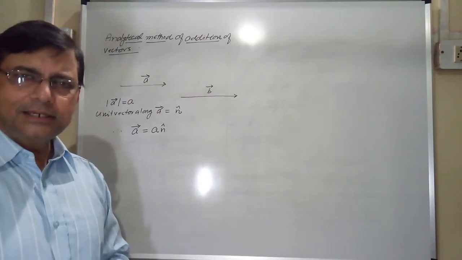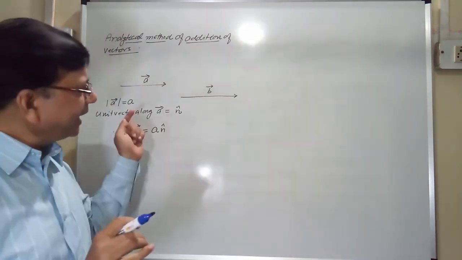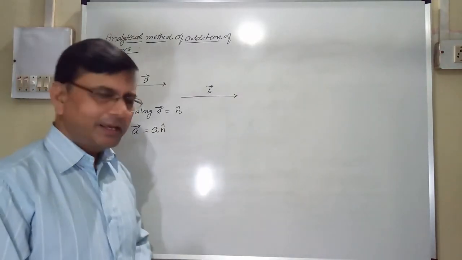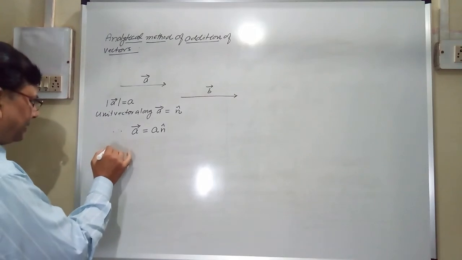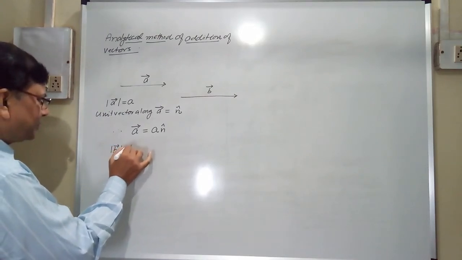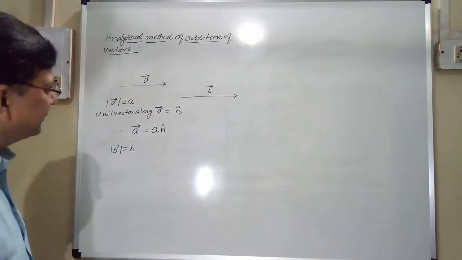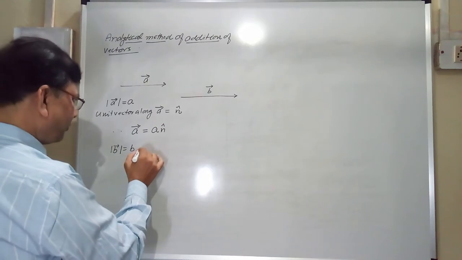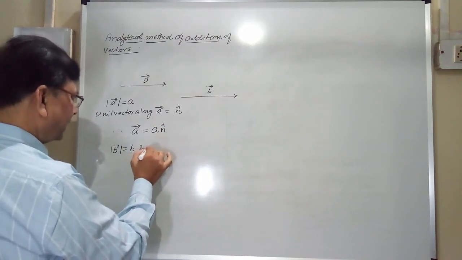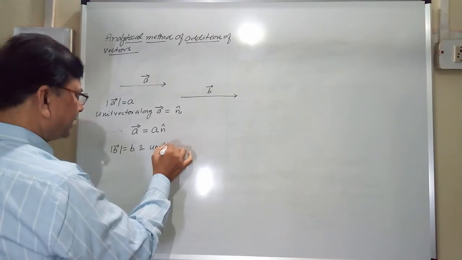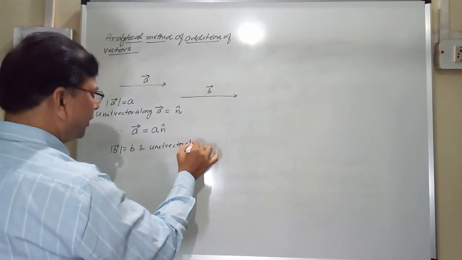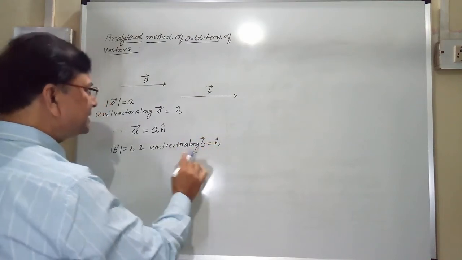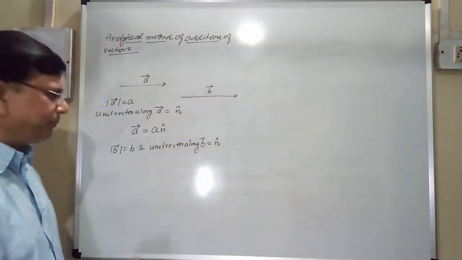Direction is same means unit vector along this will also be n, since direction is same, and the magnitude of B, mod of B is equal to B. And since A and B are parallel and the direction is same, therefore unit vector along B vector is equal to n, since direction of A and B is same.